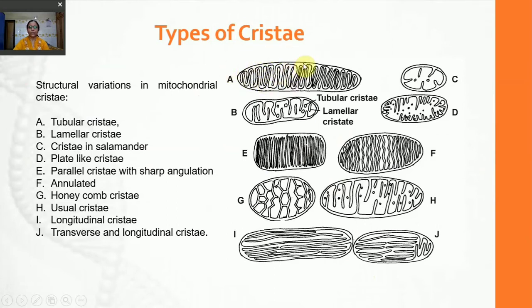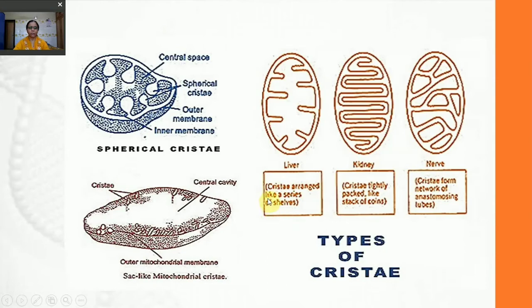Cristae are the infoldings of the inner membrane. There are several variations in the cristae. They can be tubular, lamellar, plate-like, parallel, annulated, honeycomb type, longitudinal, or transverse type of cristae. Here you can see round balloon shaped cristae.